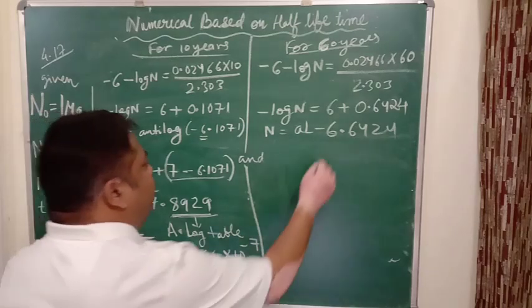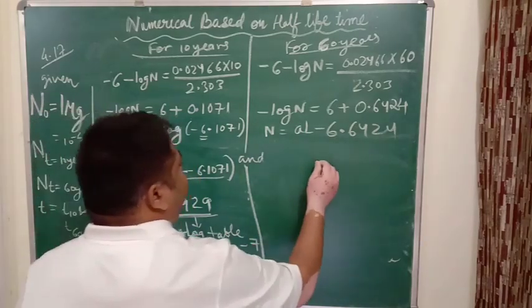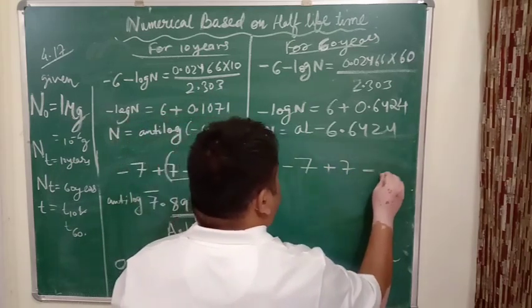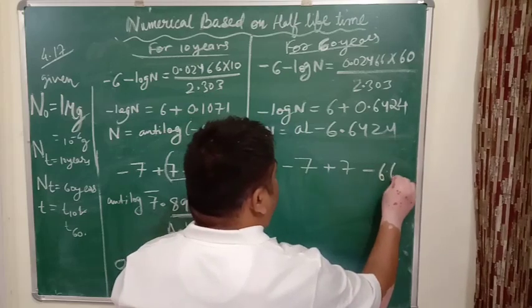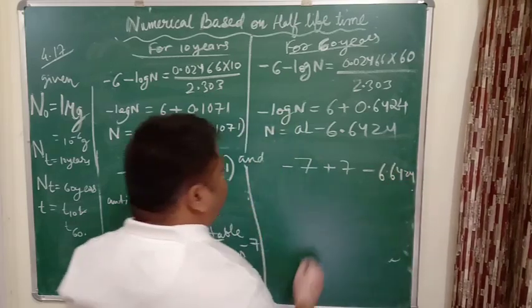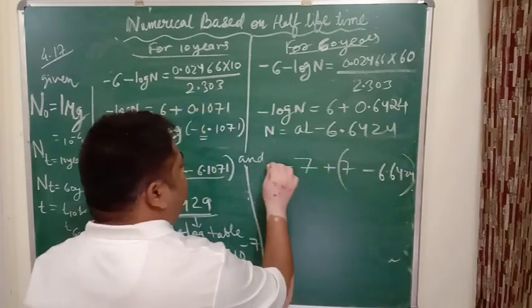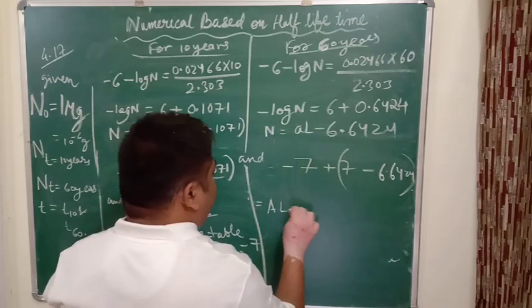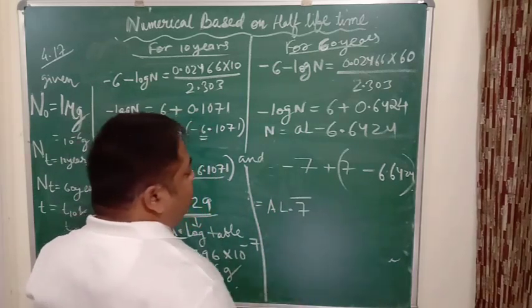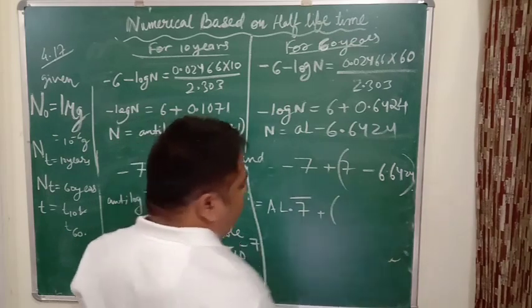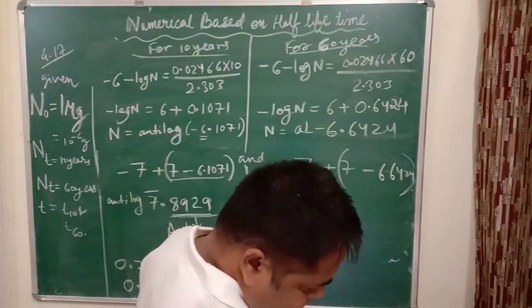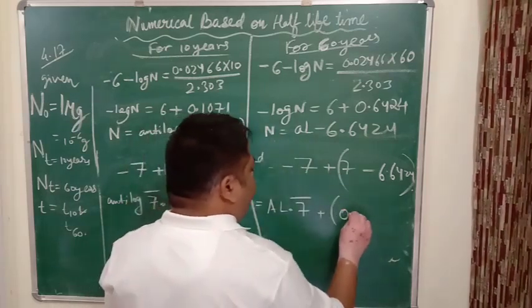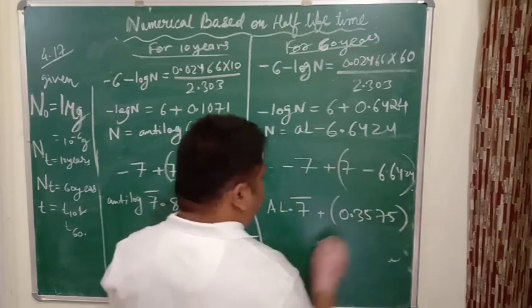But the characteristic cannot be negative, so we will make it like this: minus 7 plus 7 minus 6.6424. So we'll write this as nt log of 7 bar plus this value, which comes out to be 0.3575.